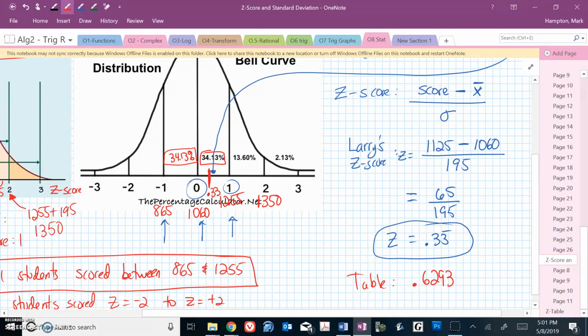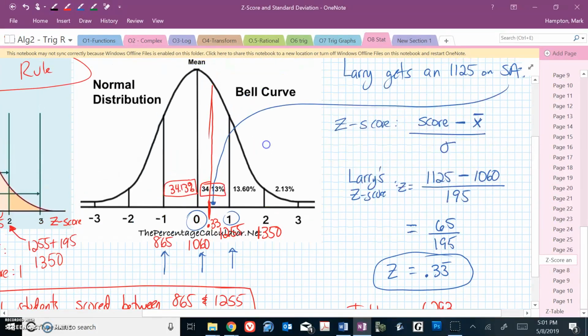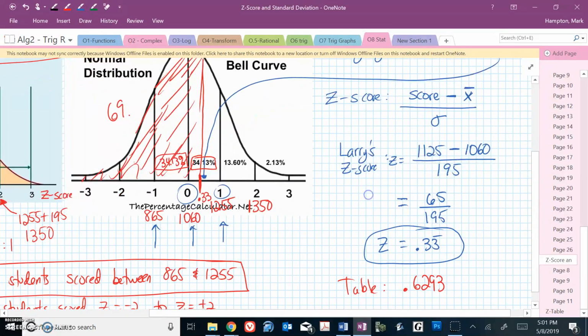So what this means is that we have found that Larry, who is right here at z equals 0.33, if we were to draw a line right up to there and shade to the left of it, that shaded region would represent 62.93% of all the students.